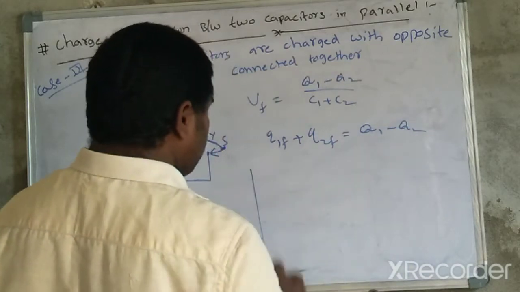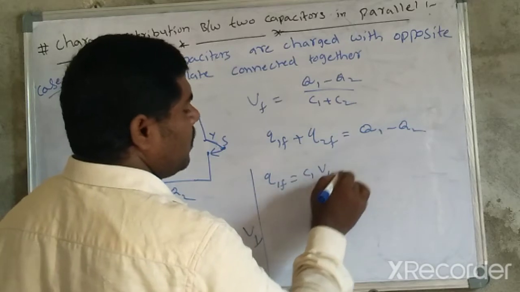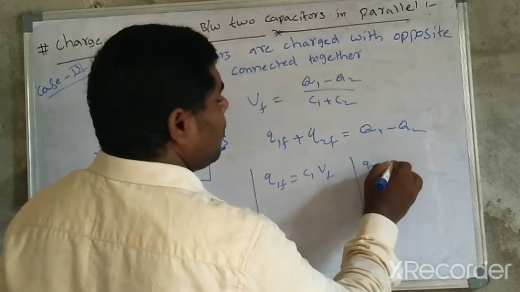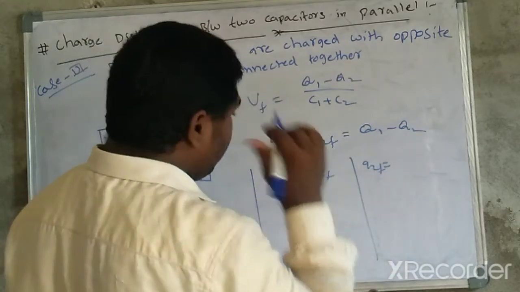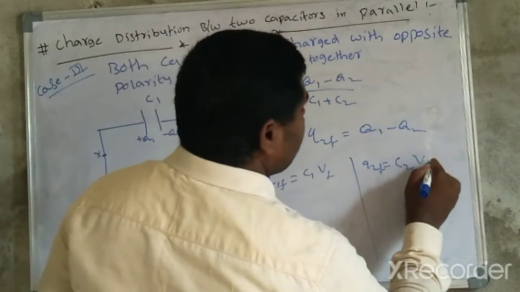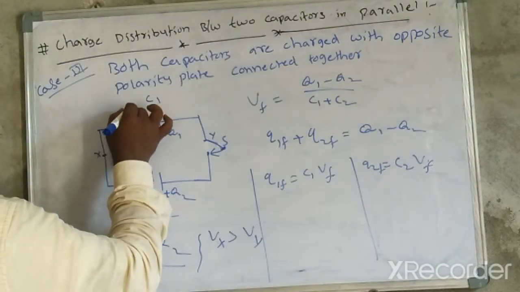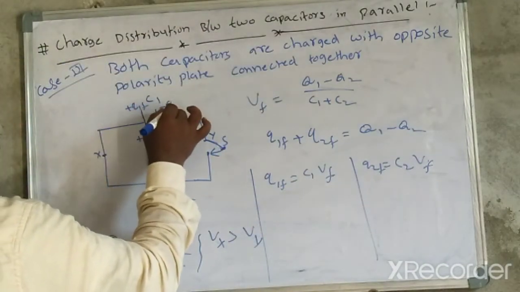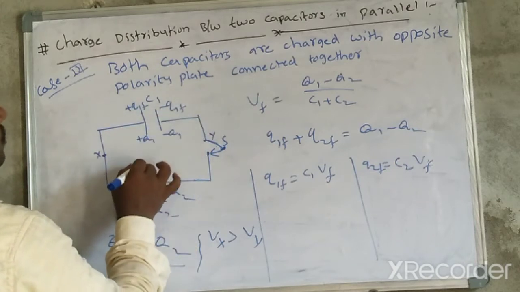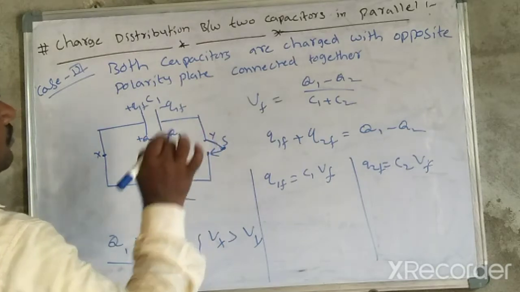Here they will also ask: Q1 final is equal to C1 times V final, and Q2 final is equal to C2 times V final. Here is plus Q1 final, minus Q1 final, plus Q2 final, minus Q2 final.